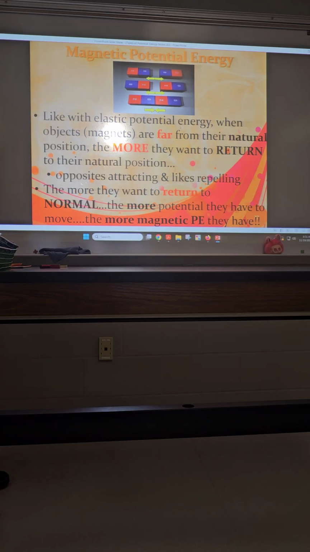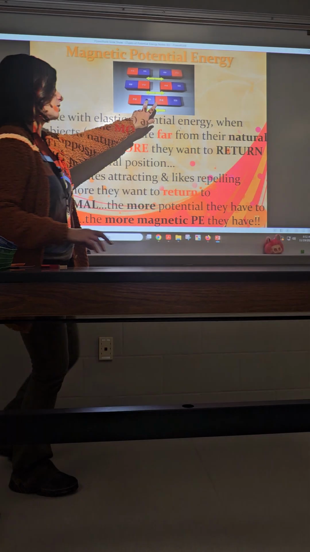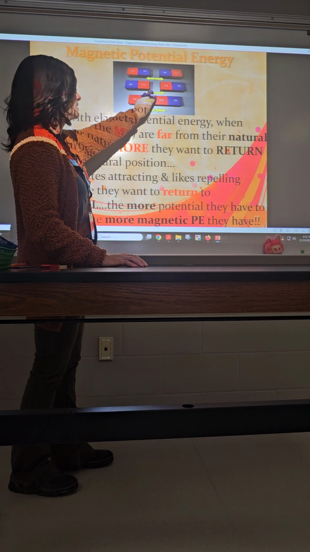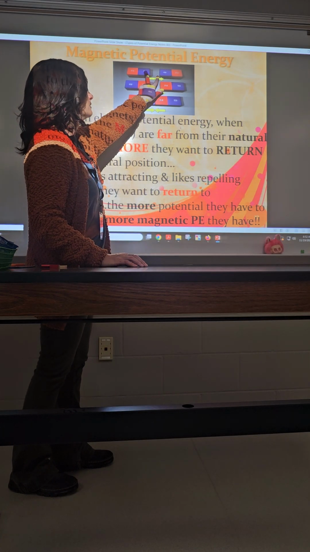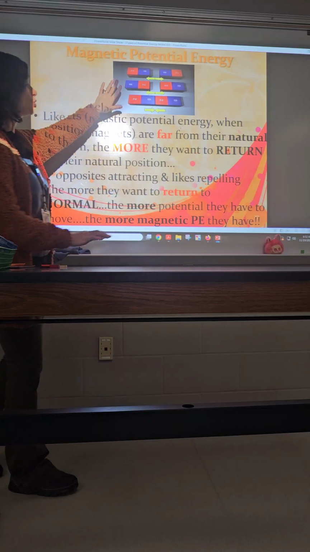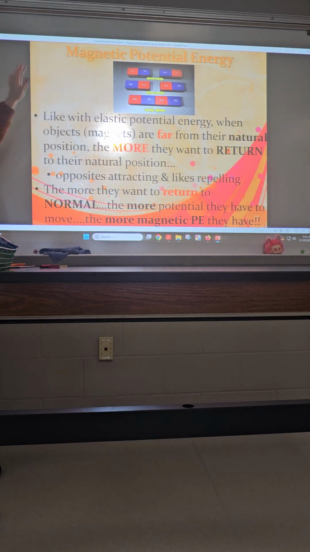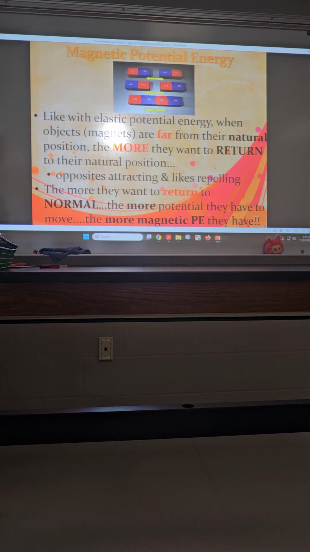Okay, so just like with elastic potential energy, when objects or magnets, in this case, are far from their natural position, the more they want to return to their natural position, which you see here. Opposites are attracted, these two are repelling, likes repelling, right? So those are all showing their normal positioning, so they are happy the way they are.